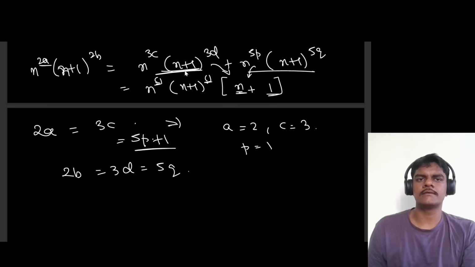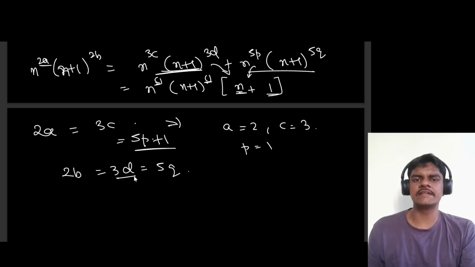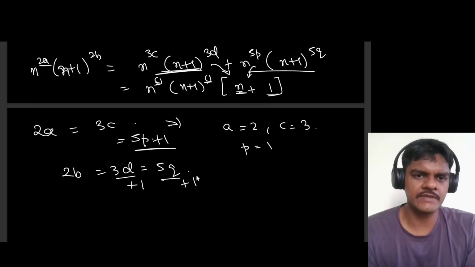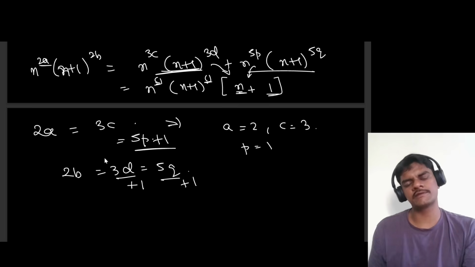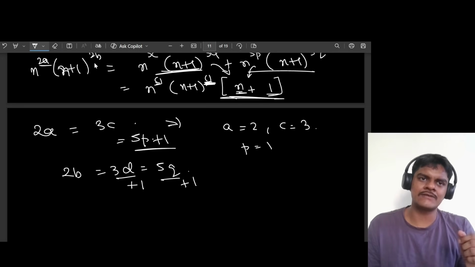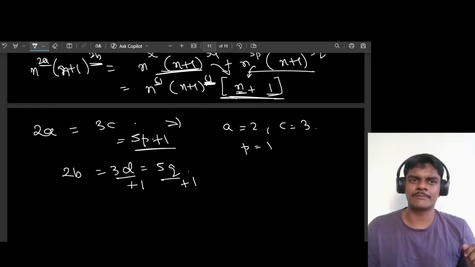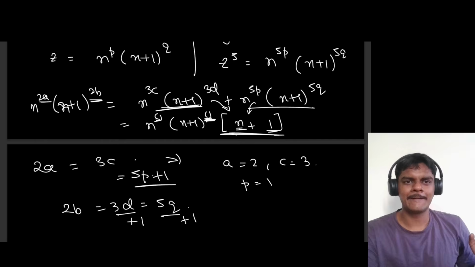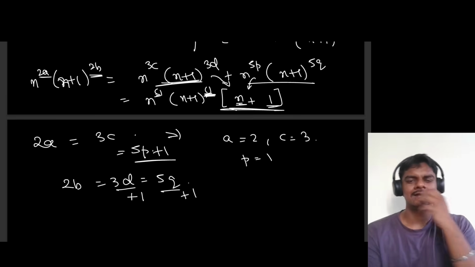And 2b should be 3d plus 1 equal to 5q plus 1, because you are multiplying another n plus 1, and then it is equal to 2b. I hope you're following my argument, right?